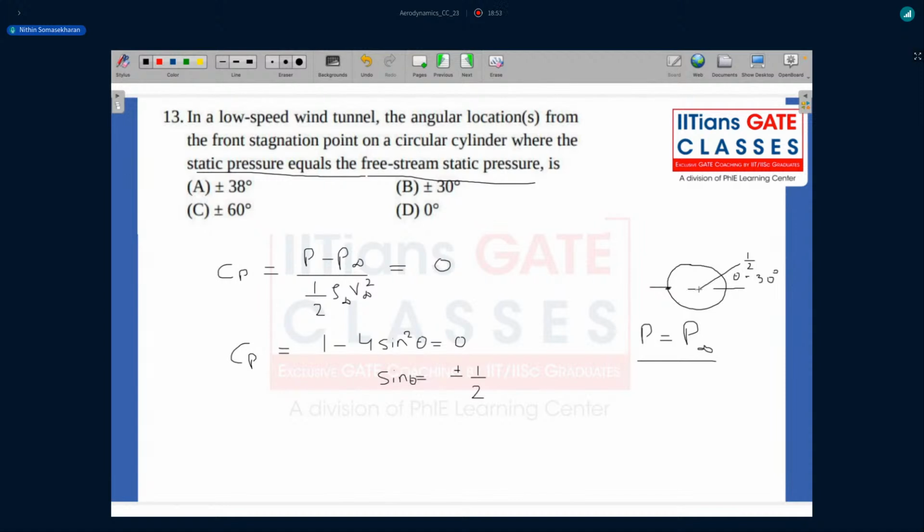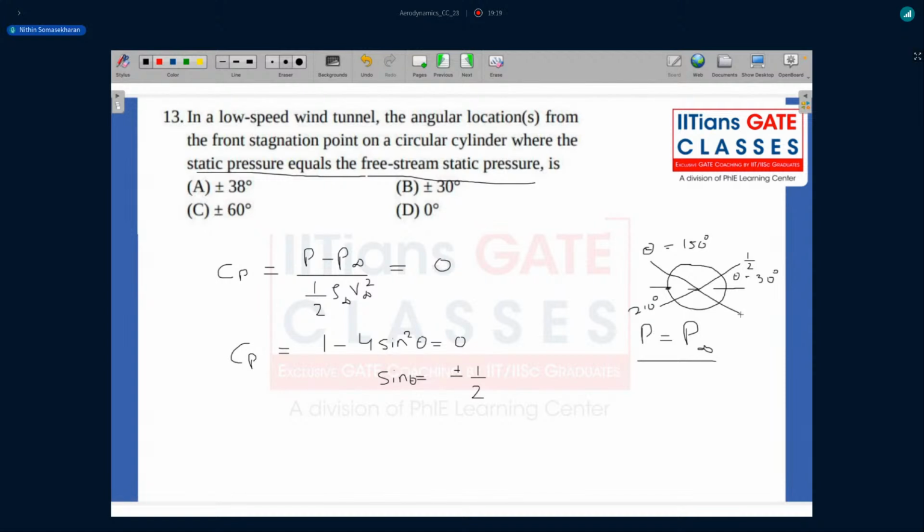And at theta equals 150 degrees, again, your sine theta is positive half, right? And then at theta equals 210 degrees, your sine theta is negative half.